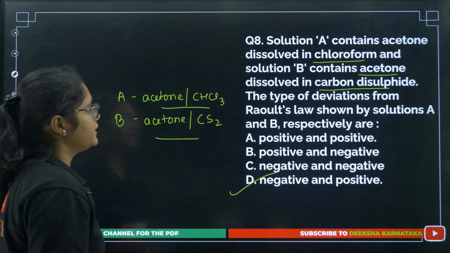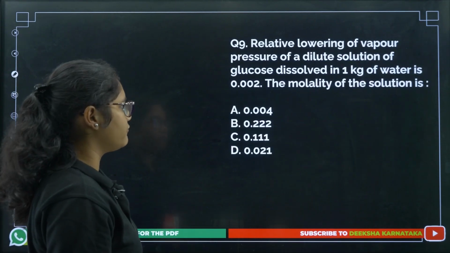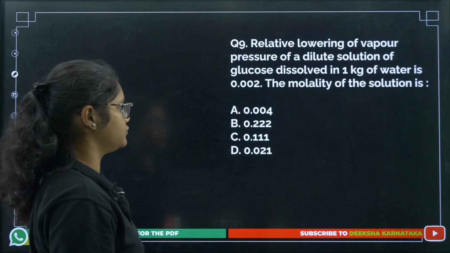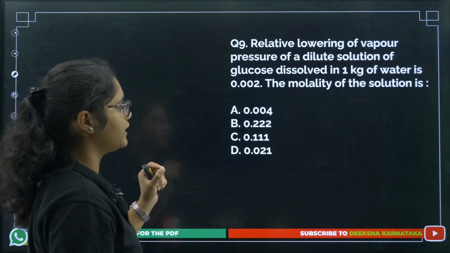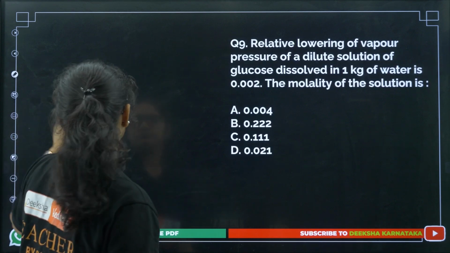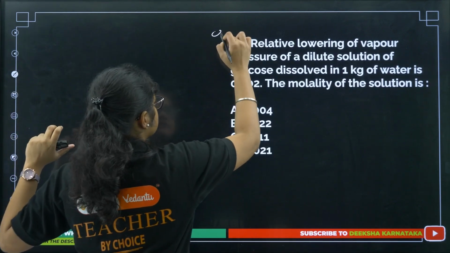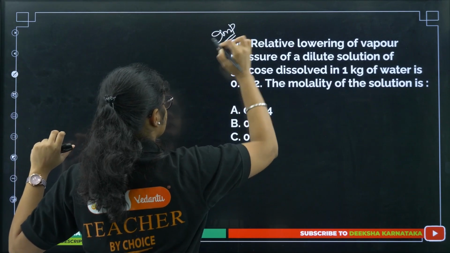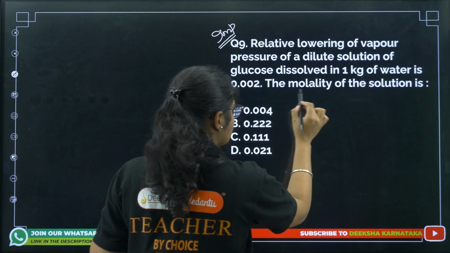Okay. Next question: relative lowering of vapor pressure of a dilute solution of glucose dissolved in 1 kg of water is 0.002. The molality of the solution is? Okay, this question is important. The question is asked about molality.